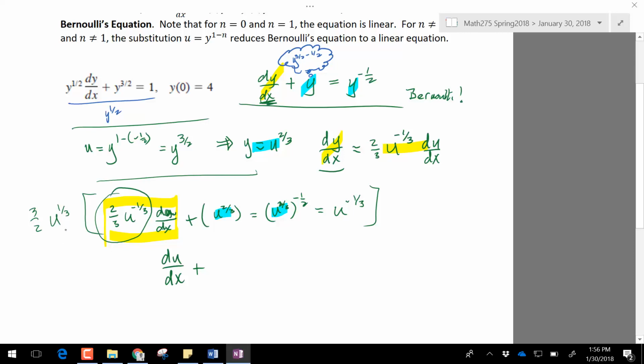Yeah. And so I have 3/2 u to the 2/3 times u to the 1/3. So that's u to the 2/3 plus 1/3. It's u to the first power. It is equal to u to the negative 1/3 times u to the positive 1/3, u to the 0 power.